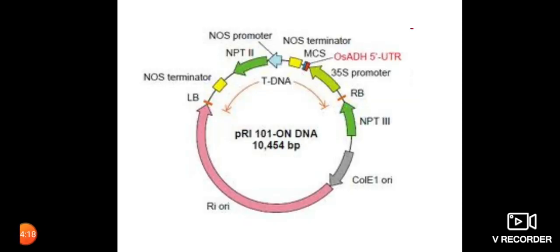This is the structure of a vector derived from the Ri plasmid, carrying the origin of replication of E. coli, followed by the origin of replication of rhizogenes, then NPT for selection marker, multiple cloning sites, the 35S promoter of cauliflower mosaic virus, then the right border and left border regions. This was a T-DNA construct used for the transfer of foreign DNA into the plant system.